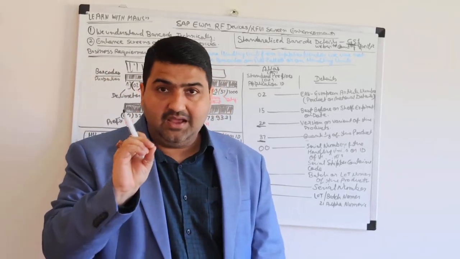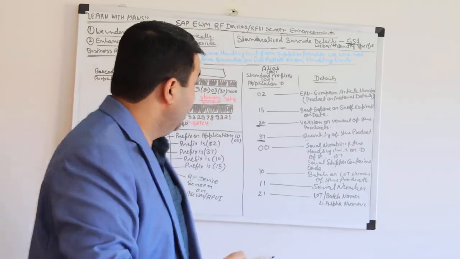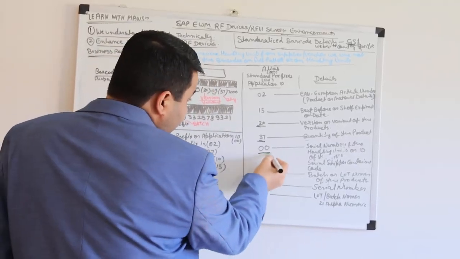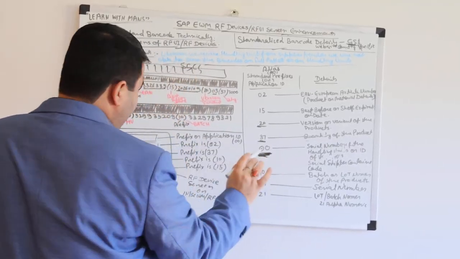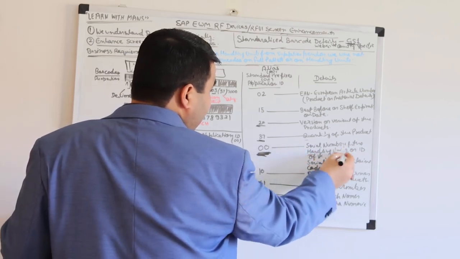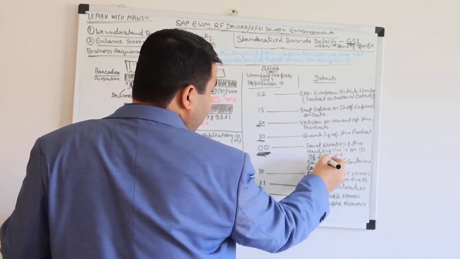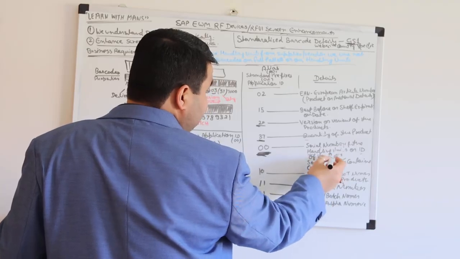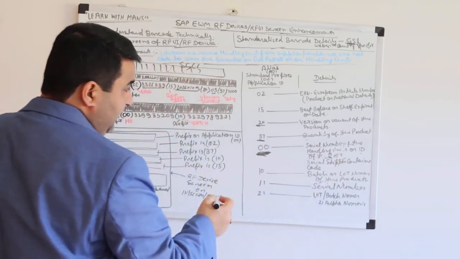It is read by RF devices. If you see (00) in the bracket, that means the serial number or ID of the handling units, which is the SSCC number, Serial Shipping Container Code.